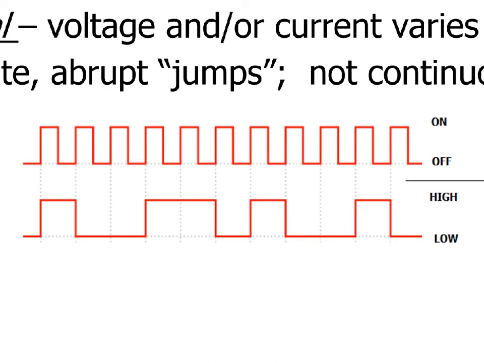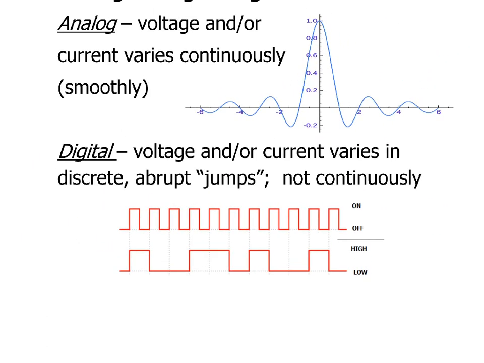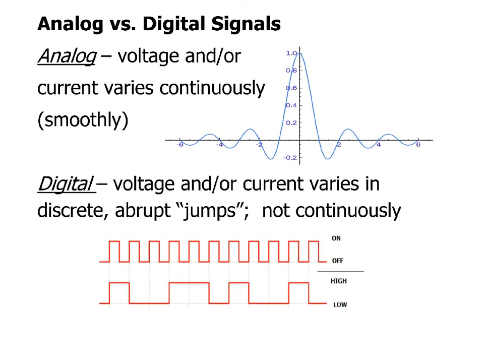Low, high, low. That is what a digital signal looks like. That's the difference between digital and analog. Digital has abrupt, discontinuous jumps. It's either on or off. There's no in between. But with analog, you can have smooth, continuous variation of all possible numerical values.